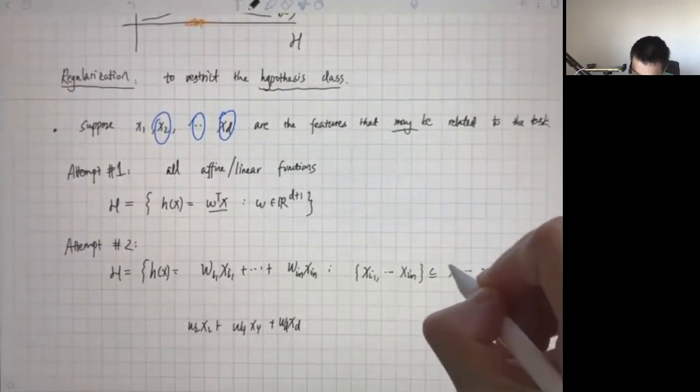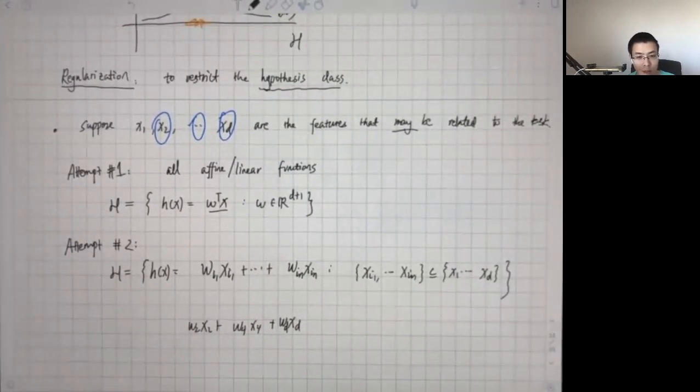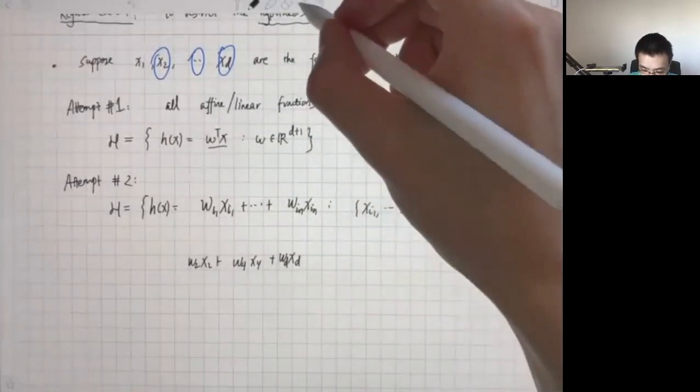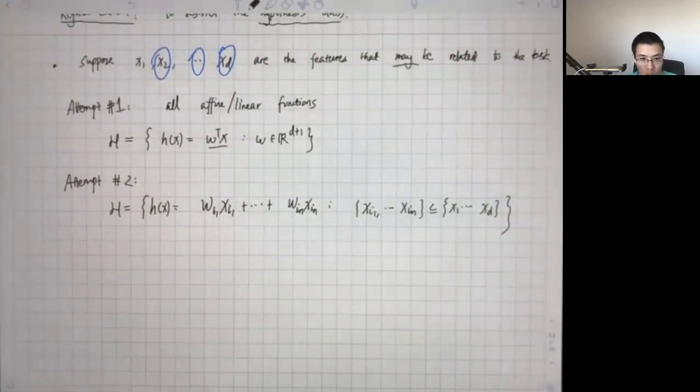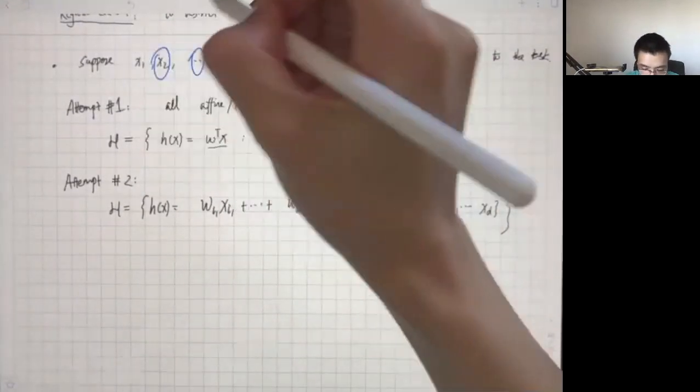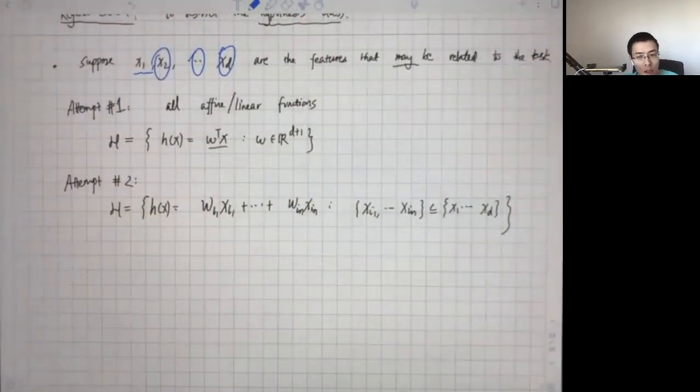So this time I manually specify my features and I restrict my hypothesis class such that for the non-selected features, the weight must be 0. This is my second choice. And obviously you see some problem here. Maybe this feature x1 is somehow related to the task, but not as much as x2.